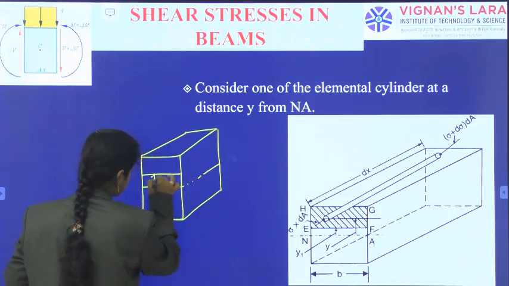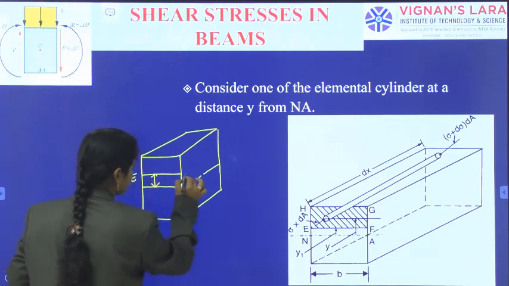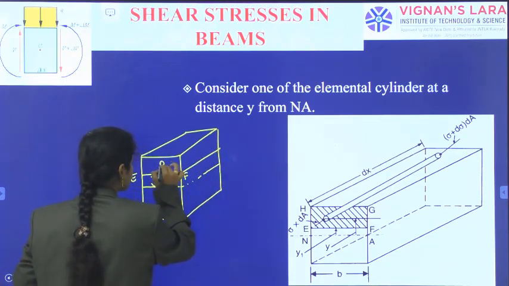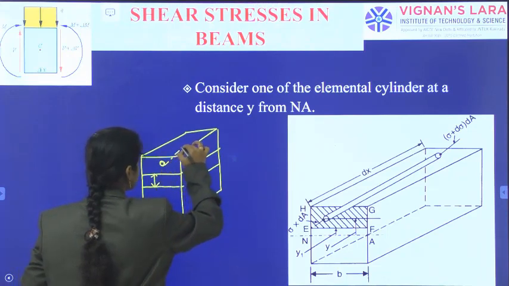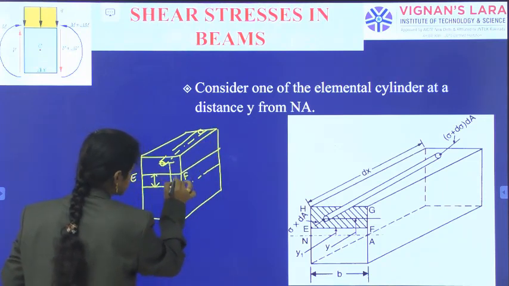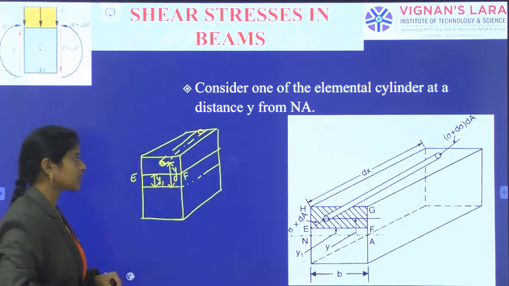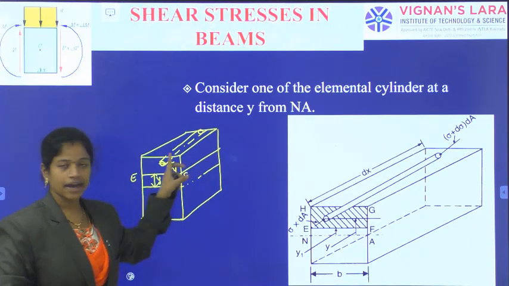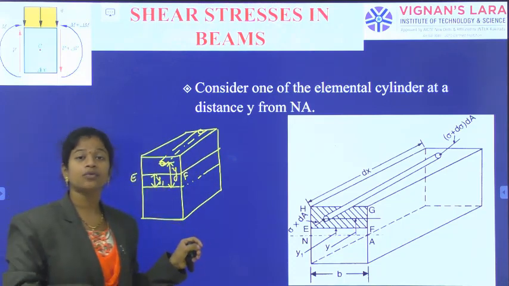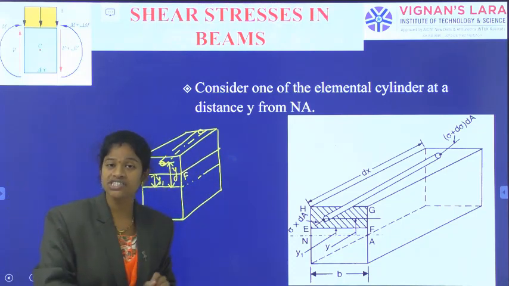This is the EF level, and above this EF level I have indicated a cylindrical element, which is at a distance y from the neutral axis. On the cylindrical element, I have to indicate what forces are acting and what dimensions we are giving.